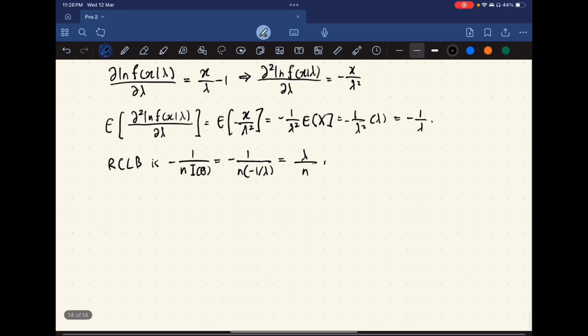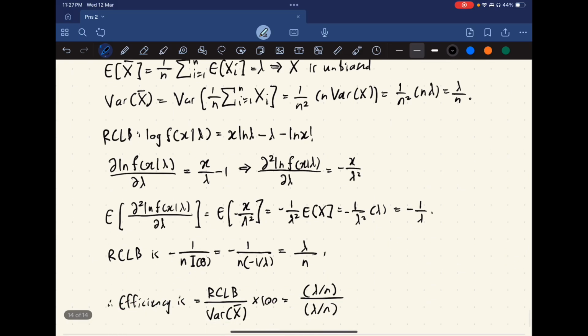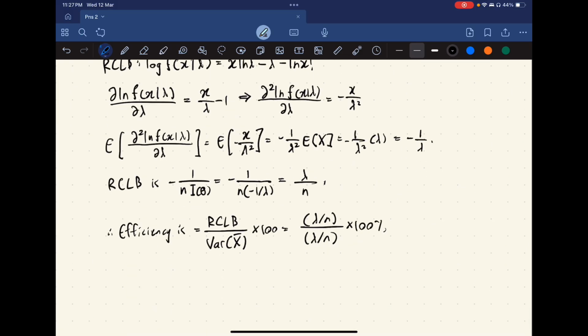So now compute the efficiency. Efficiency is just the Rao-Cramer lower bound divided by the variance of the estimator, multiplied by 100. Just plug in the values that we computed above. The Rao-Cramer lower bound is lambda over n. Variance of x bar is also lambda over n, multiplied by 100. So you have 100%.